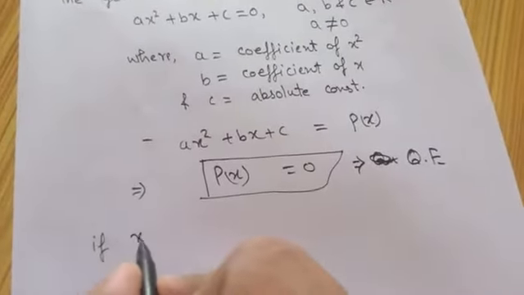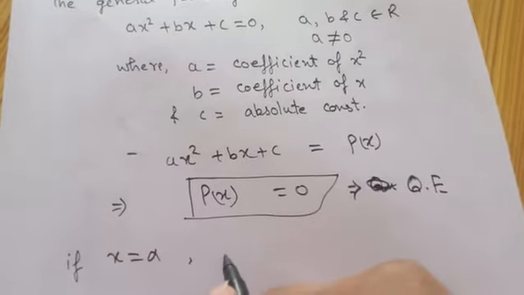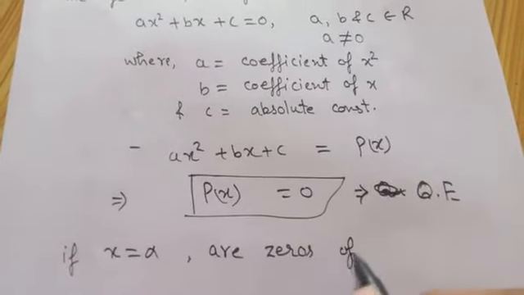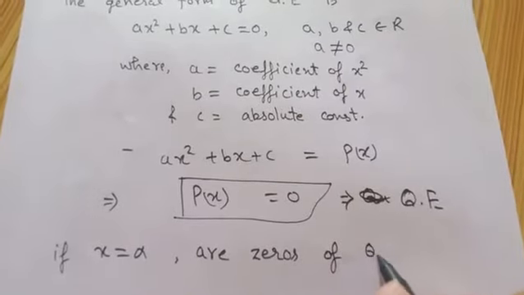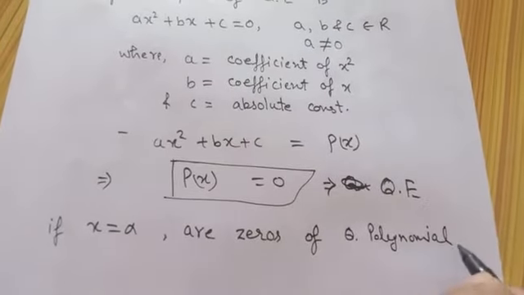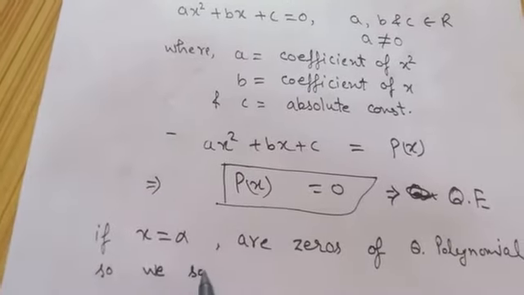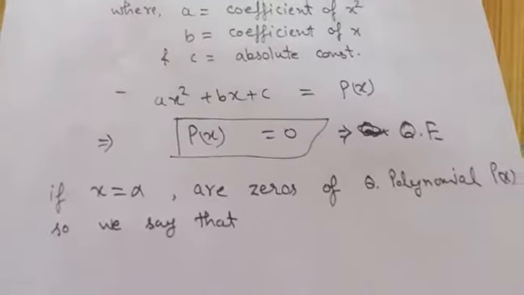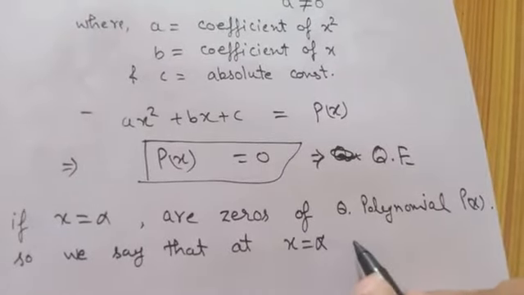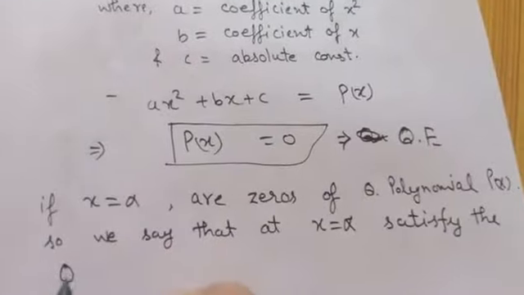If x is equal to alpha and beta are zeros of the quadratic polynomial p(x), so we can say that x is equal to alpha is satisfied by the quadratic equation.